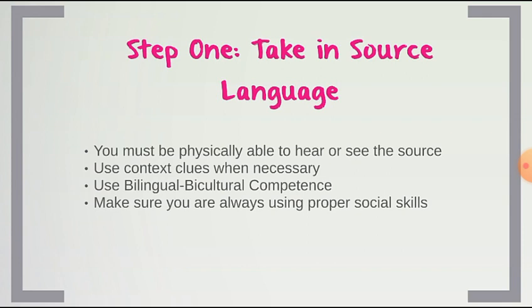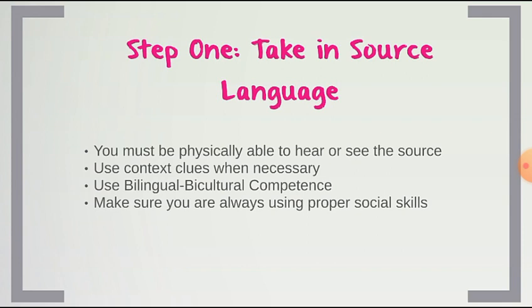First, you must be physically able to hear or see the source. So you have to focus, listen to the speakers. Second, use context clues when necessary. Third, use bilingual and bicultural competence. Bilingual means two languages, and bicultural means two cultures.